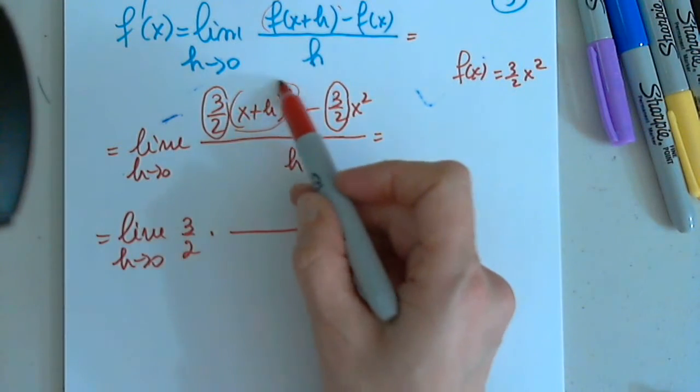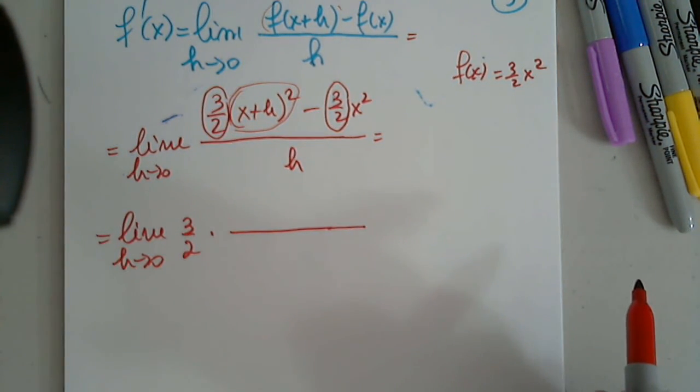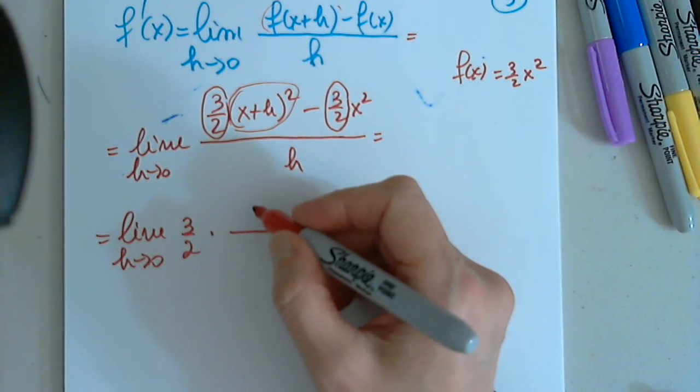Can anyone, other than Alex, square this for us? Noor, can you square this for us?